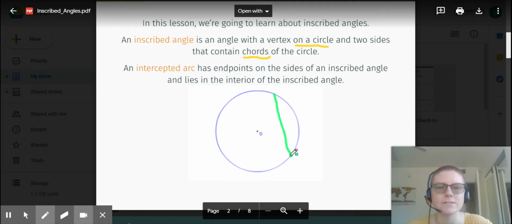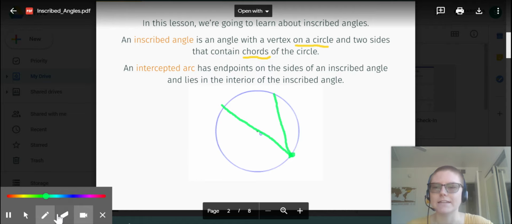So if this was my vertex, this would be one side of my inscribed angle, a chord, and the other side of my inscribed angle, another chord. This chord happens to also be a diameter.